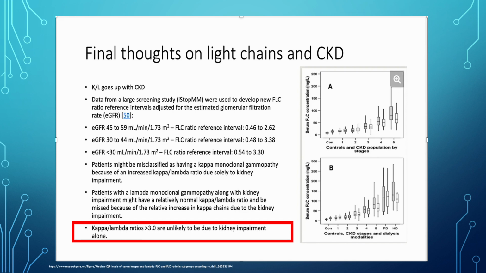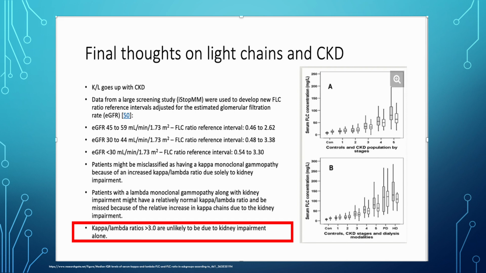So if the GFR is 45 to 59, the FLC ratio reference interval needs to be 0.46 to 2.62. These are adjusted according to the GFRs, as you can see on the screen. I've tried to give a link at the bottom of the screen as well for you to look up this study yourself so that you can study it in depth and detail.